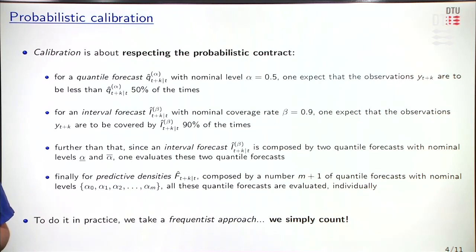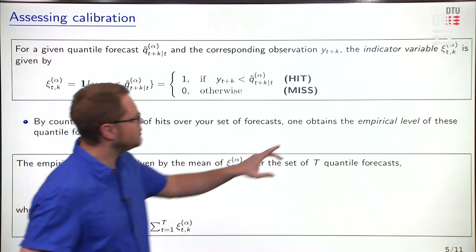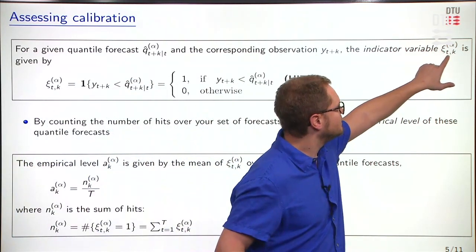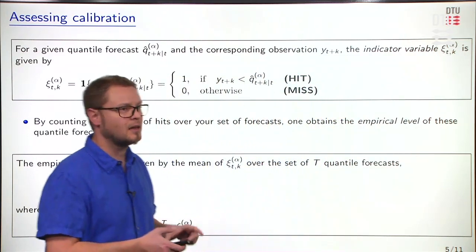To do that, since it's about a probabilistic contract that we evaluate a posteriori, we can take a frequentist approach. That means we simply count. How are we going to count? First, we need to define a quantity which we call the indicator variable. This indicator variable is going to be denoted psi t plus k with alpha, the nominal level.